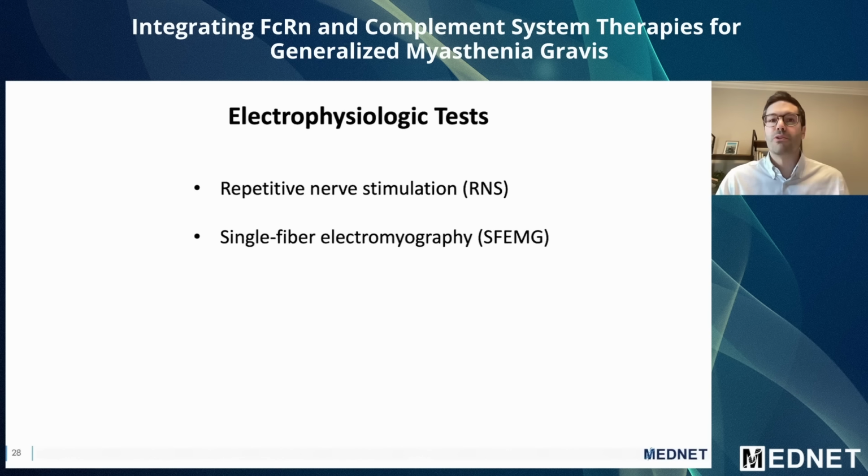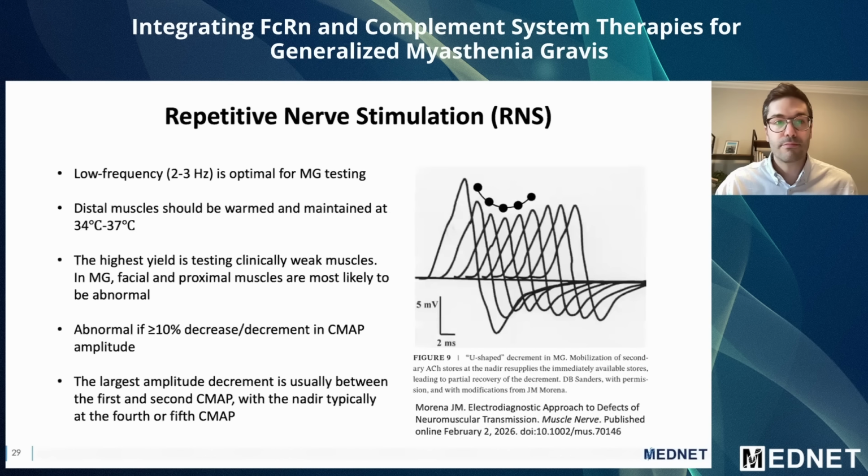So now moving on to electrophysiologic tests. I'm going to talk about repetitive nerve stimulation and single fiber EMG. For repetitive nerve stimulation, we use low frequency, which is 2 to 3 hertz, for MG testing. If you're testing distal muscles, they should be warmed and maintained at 34 to 37 degrees Celsius.